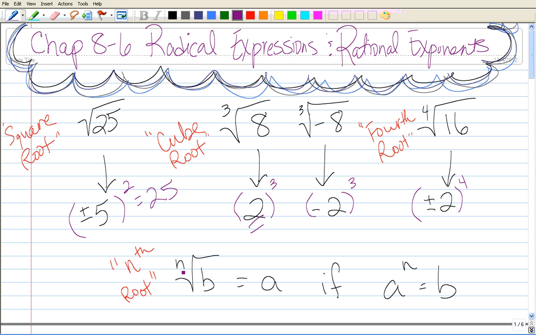So this n is what we're going to call the index, plural indices. The b is the radicand. So when we're looking at the definitions or the generalizations of properties of these roots, the index and the radicand are referred to as such.